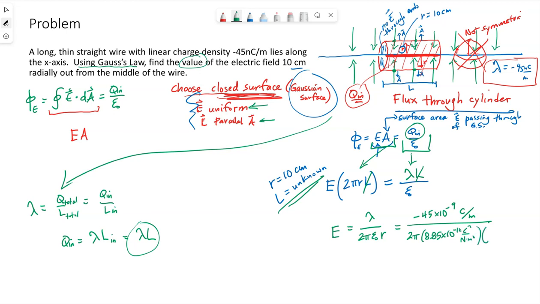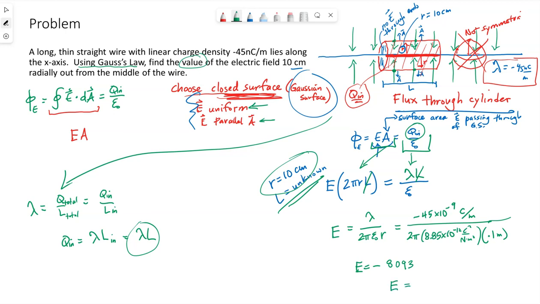R is the radius of the Gaussian surface. As I mentioned before, it's 10 centimeters, which I do want in meters, for my units to work out. So when I calculate this, gives negative 8093, which we need to round, of course.